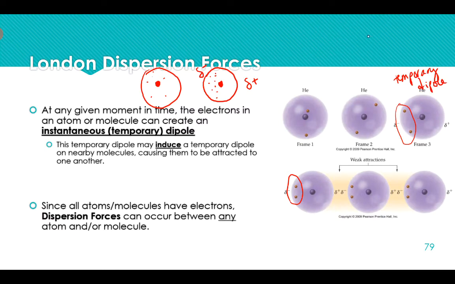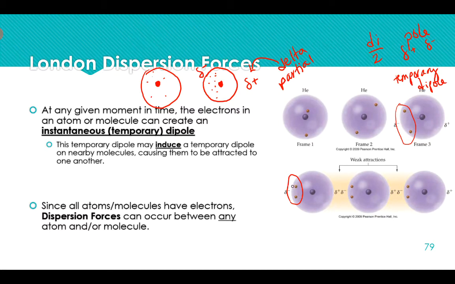We call it a dipole because di means two and pole means like positive and negative. This little delta here means partial. That means it's more than 0, but less than 1. So somewhere in between 0 and 1. So 1 would be fully positive charge, and then 0 is not charged at all. So delta just means partially charged.